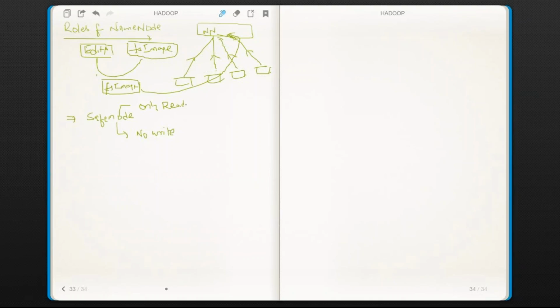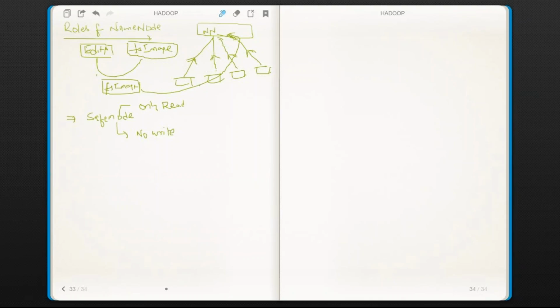If a cluster is in safe mode, you cannot write data, but you can read data. It goes into safe mode at the time of merging edits with fsimage and receiving the heartbeat from the data nodes.